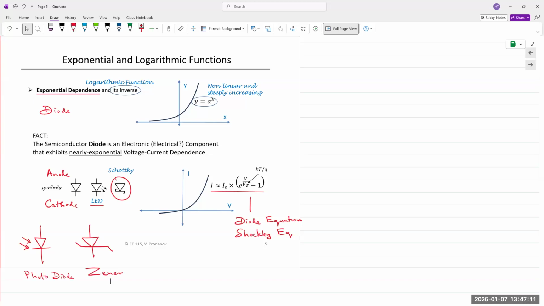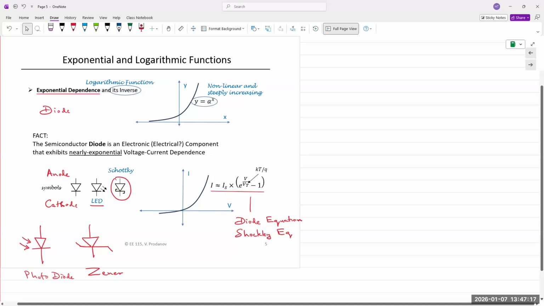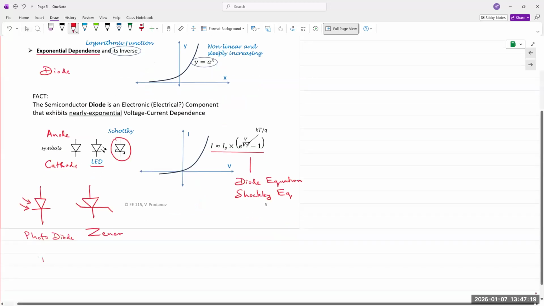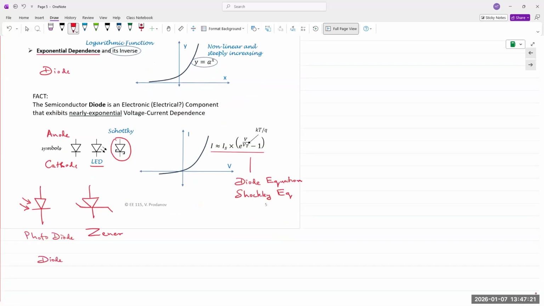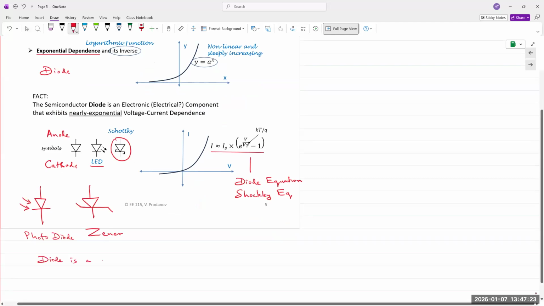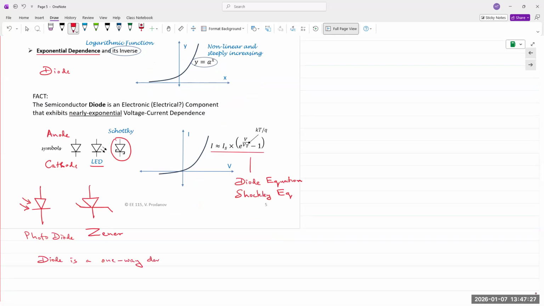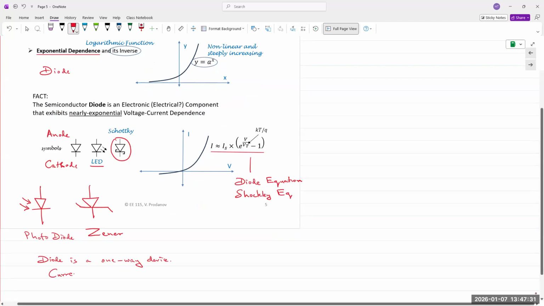A diode is a nonlinear and one-way device. Current flows only from anode to cathode.